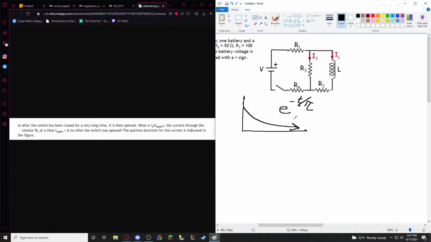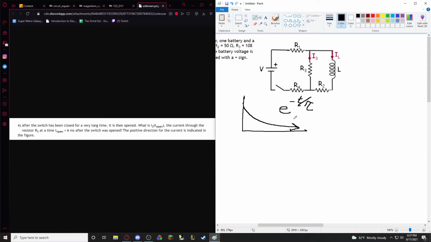So is I3 going to be different from IL in this case? No, it wouldn't.